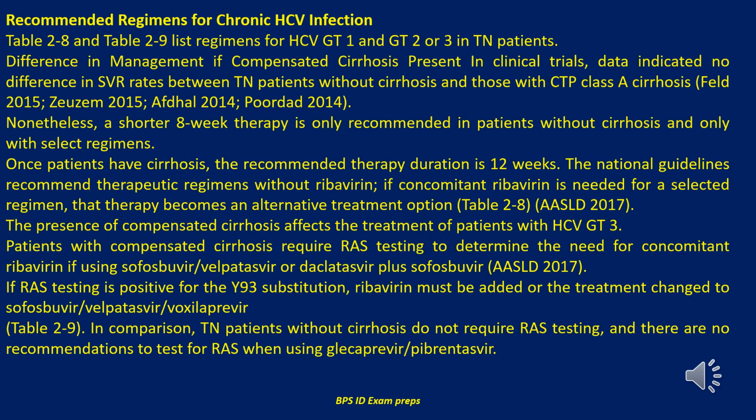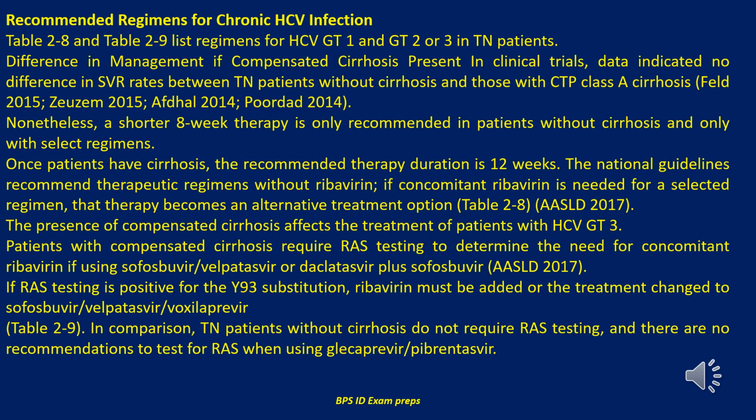And now we will discuss recommended regimens for chronic HCV infection. Table 2-8 and Table 2-9 list regimens for HCV genotype 1 and genotype 2 or 3 in treatment-naive patients. First we will look at the difference in management if compensated cirrhosis is present. In clinical trials, data indicated no difference in SVR rates between treatment-naive patients without cirrhosis and those with CTP class A cirrhosis, according to Feld 2015, Zeuzem 2015, Afdhal 2014, and Poordad 2014.